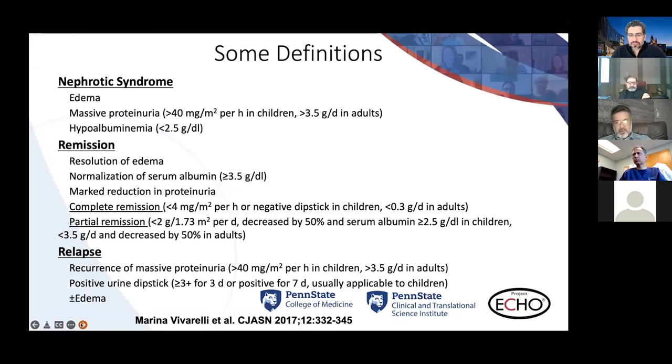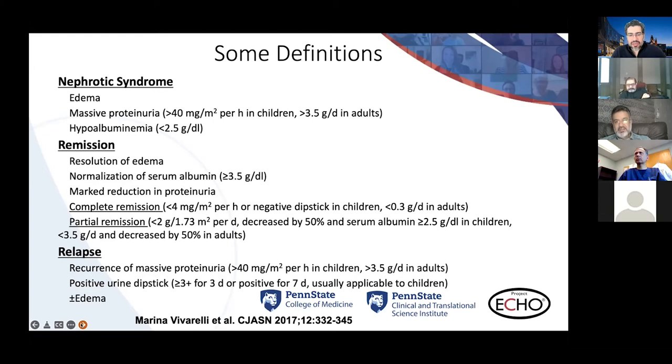But for steroids, partial response even at 6 weeks would label them as steroid resistant, and we would then do a biopsy and treat them with alternatives other than steroids. So partial remission with steroid therapy in children is still no response after 6 weeks. Okay, so time becomes an important variable.